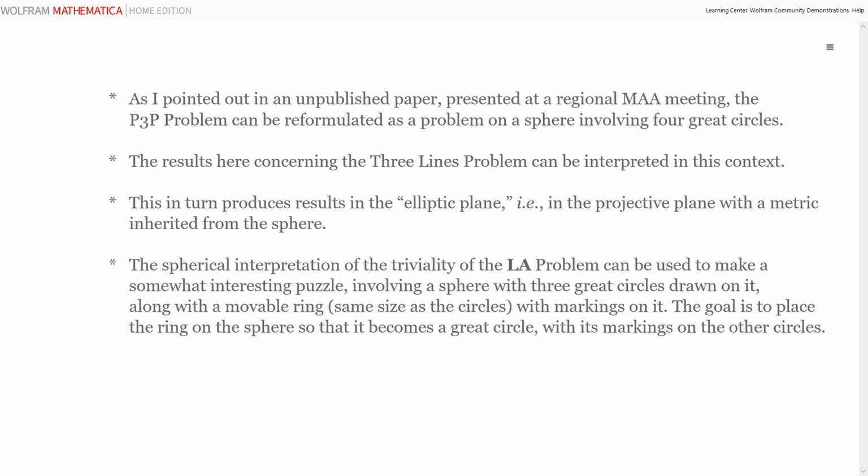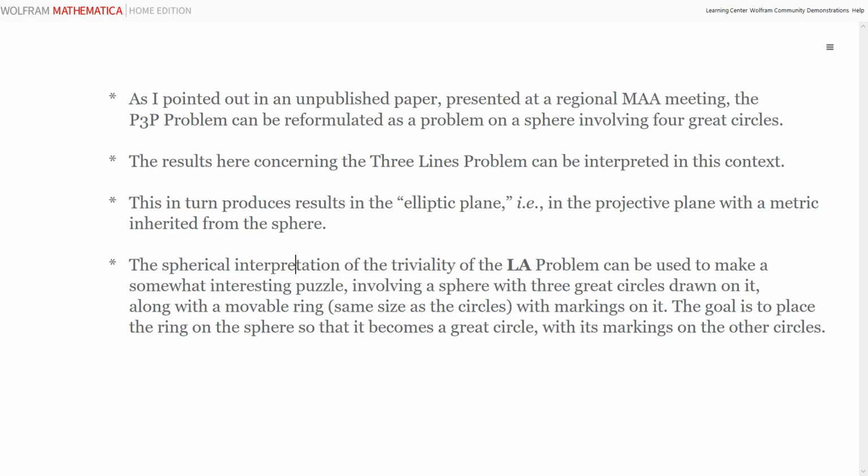Basically, you take the directions that are involved in the P3P problem, and you reinterpret them, and you wind up looking at a reformulation of P3P that involves four great circles on a sphere. Well, the same thinking applies to the problems discussed here.